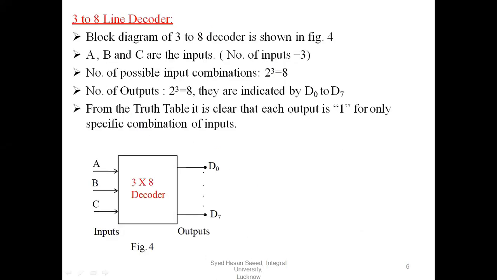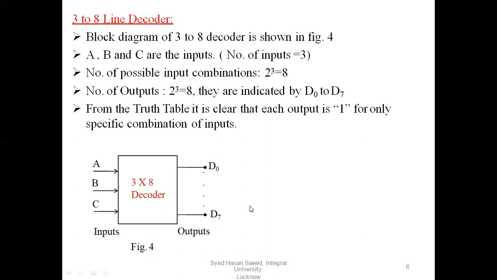Now in the 3 to 8 line decoder concept, how many inputs do you pass? We pass 3 inputs, and we get 8 outputs. We construct it the same way as the 2 to 4 line decoder.